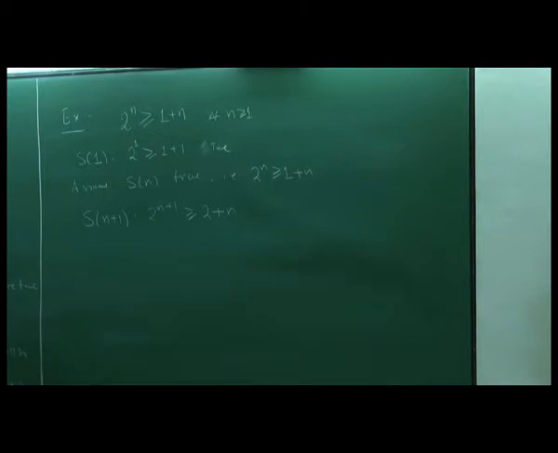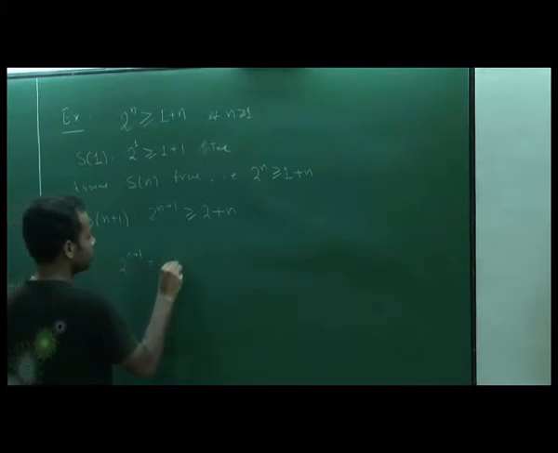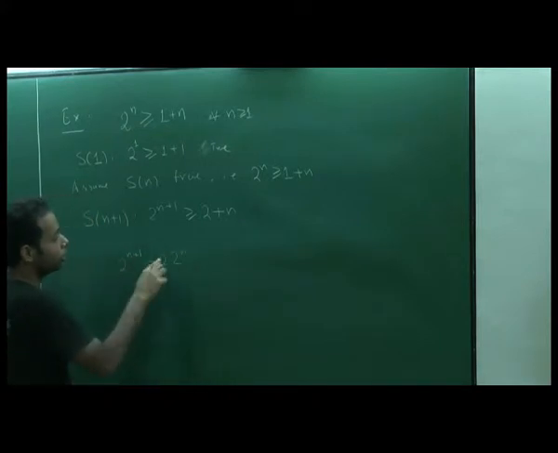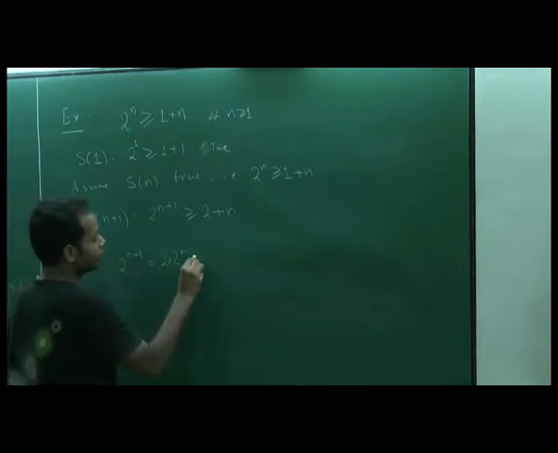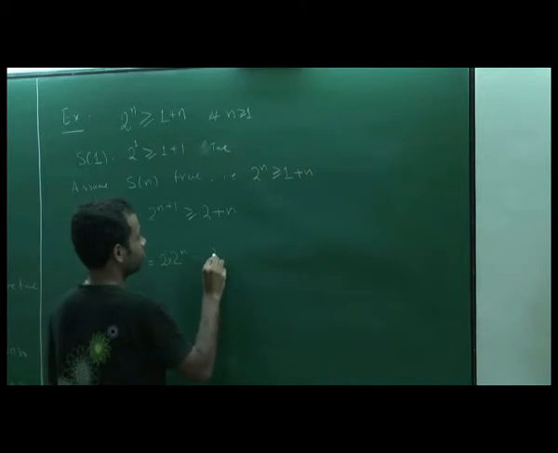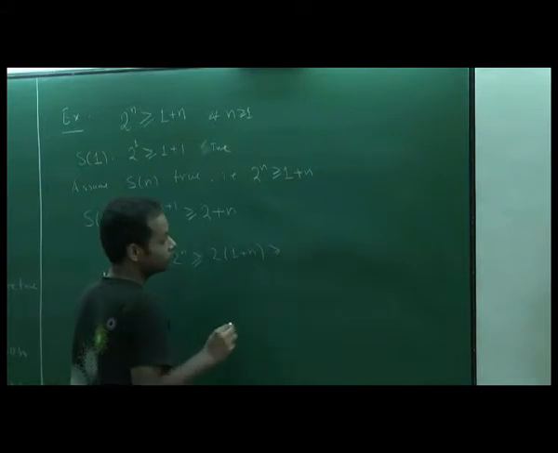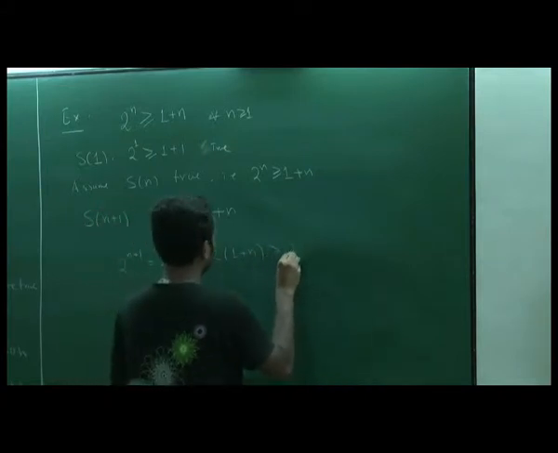Now how do you prove this one? 2 power n plus 1 is equal to 2 times 2 power n. Since 2 power n is greater or equal to 1 plus n, this is greater or equal to 2 times 1 plus n, which is greater or equal to 2 plus n. So this is how you proved it.